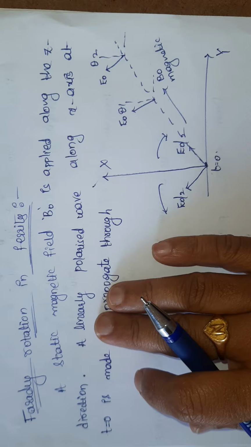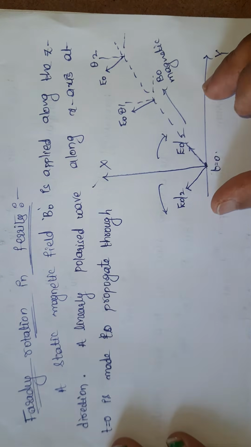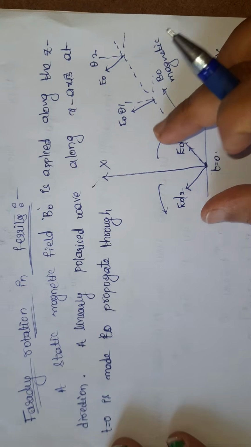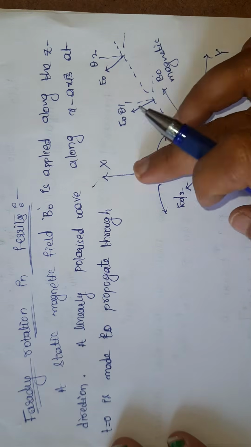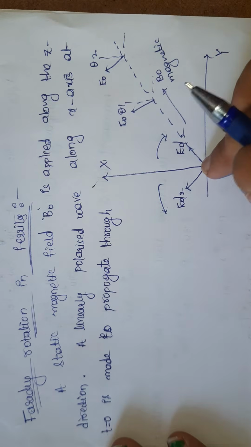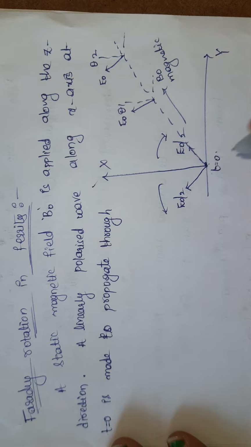Faraday rotation in ferrites. Here a static magnetic field B naught is applied along the z direction. This is the x direction, y direction, and the z direction is out of the paper.